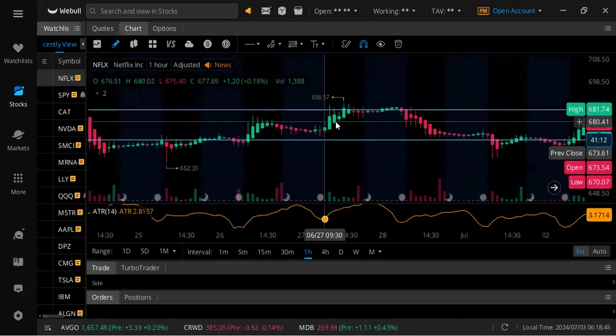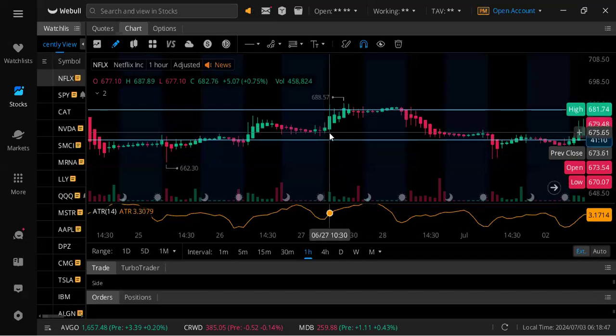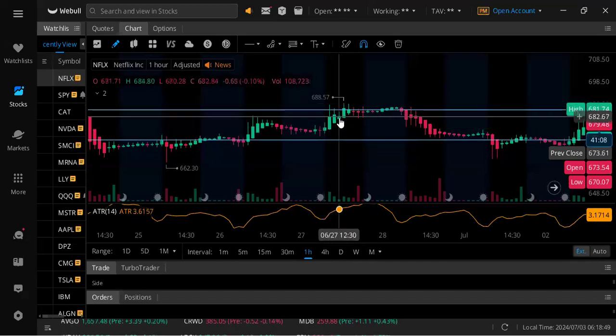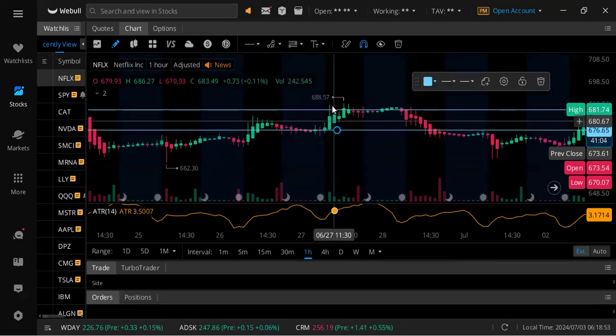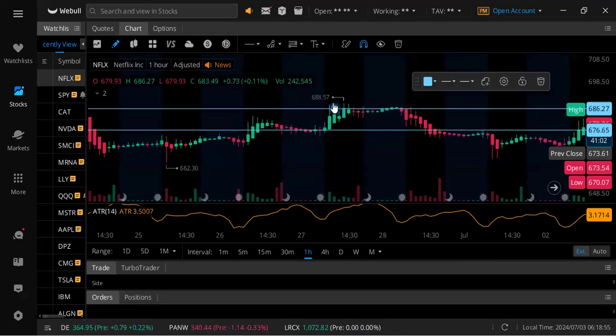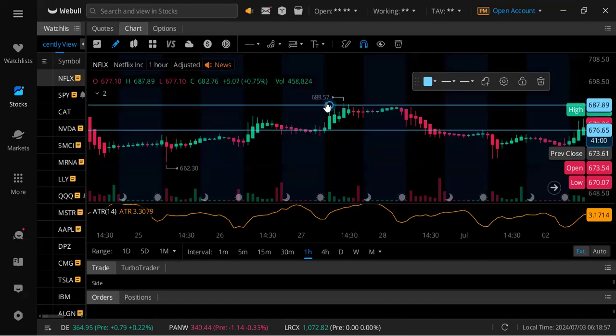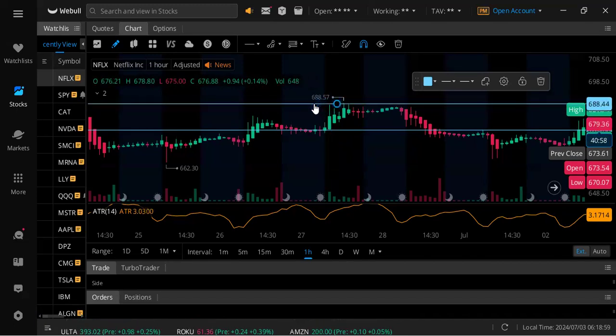This is when we had a strong bullish candle the first hour. If we move this line here, and then the top of the line here, okay.